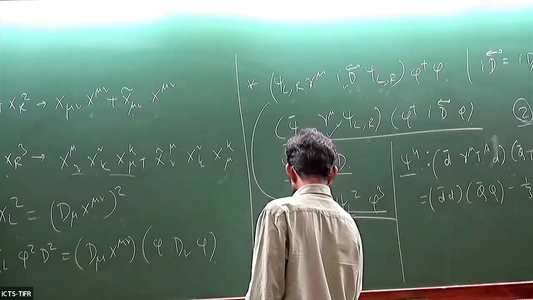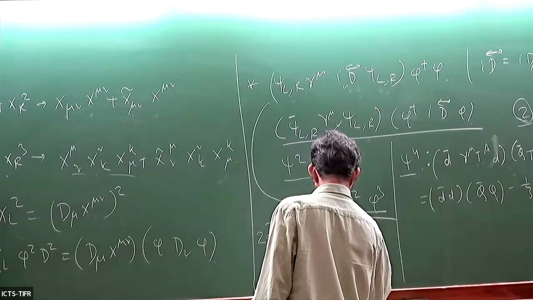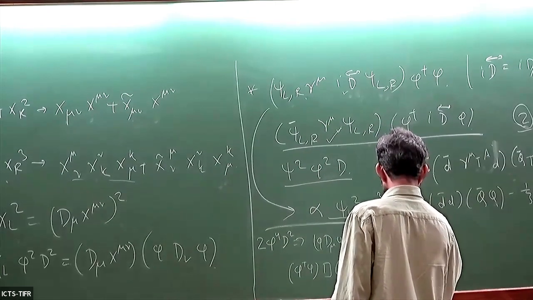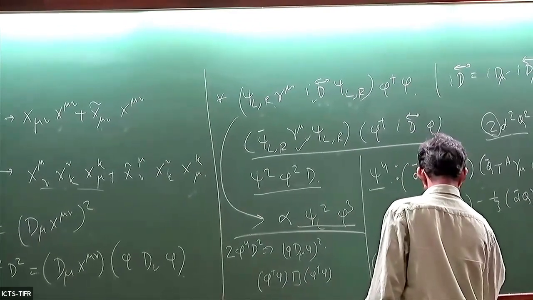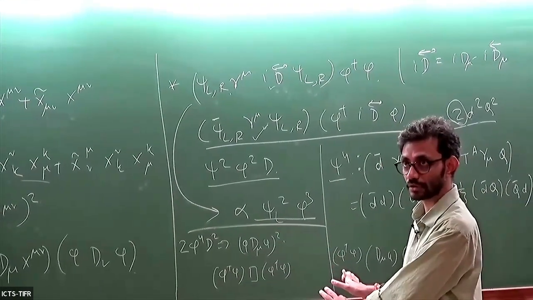And then you can write down phi dagger phi box phi dagger phi, right? Also you can write down phi dagger phi d mu phi d mu phi. These 3 independent structures apparently you can write down, right?